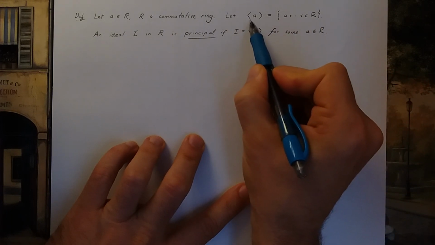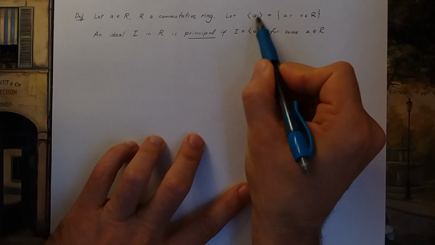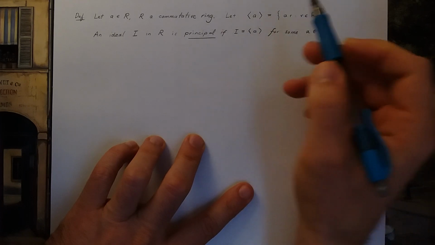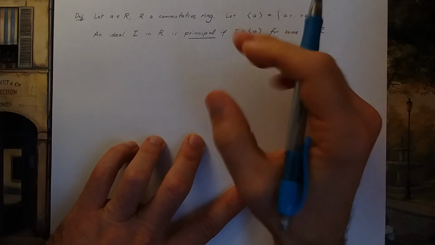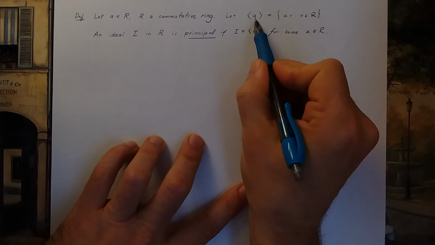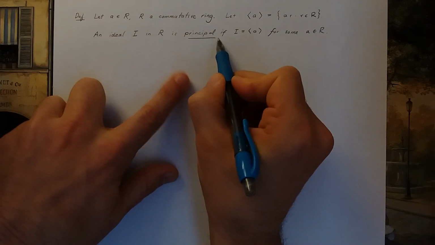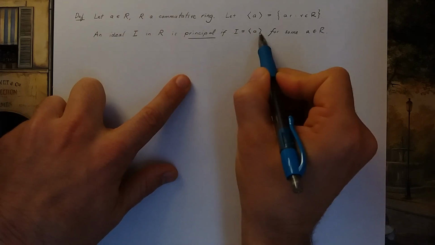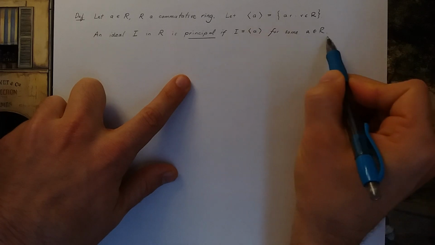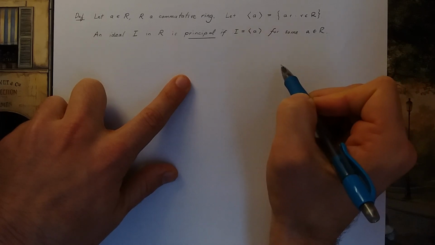This notation denotes the smallest possible ideal that contains A. So this bracket notation really, if you think about it, means the smallest object that contains A. So we're going to say an ideal I is principal if I is an ideal of this form. In this case, we'll say that A generates I.